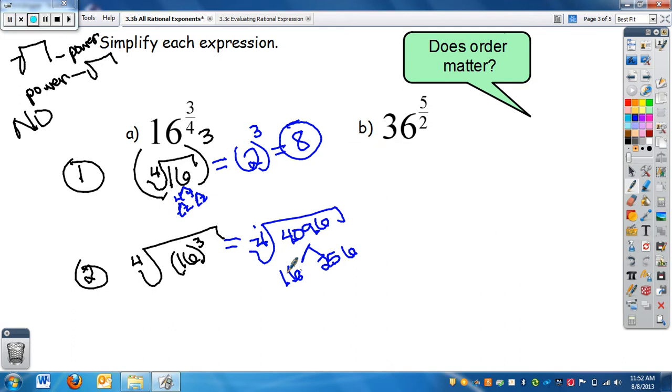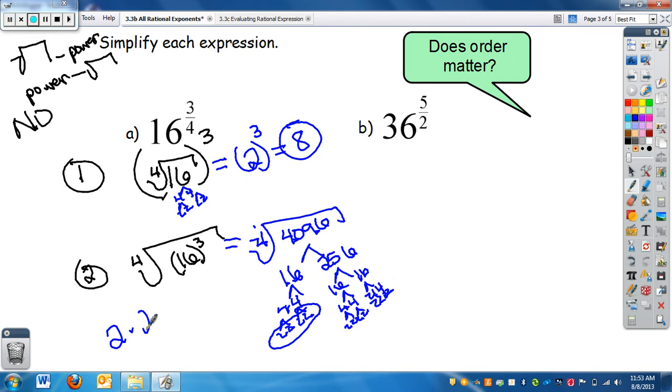Alright, I was right. And then I can break these down into 4 and 4, 2 and 2. So there's one set of 2's. And here, I know it's 16 times 16, 4 and 4, 2 and 2, 4 and 4, 2 and 2, which gives me 8.